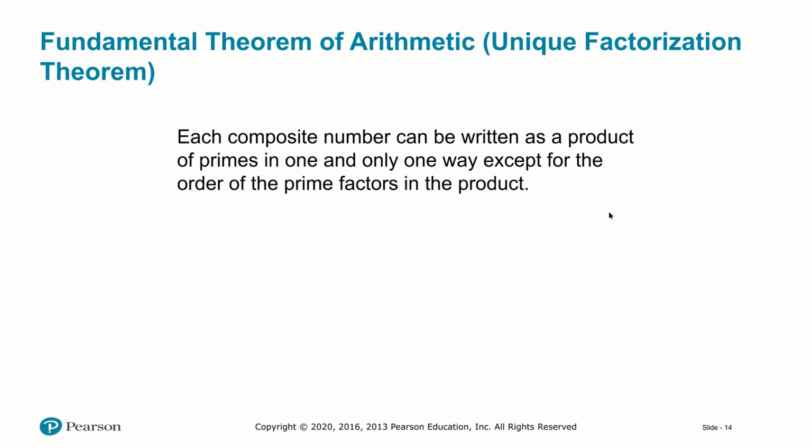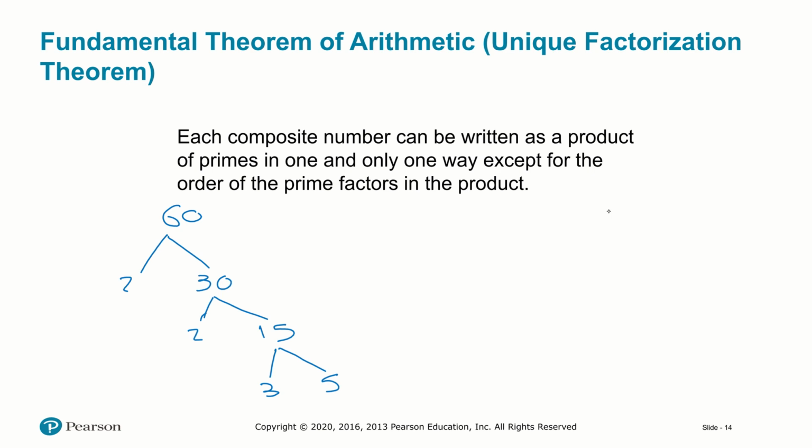So, for example, if you take 60 and find all the factors, right? The first time, I'm going to do that the way that you're familiar with, a tree. So we know 60, for example, can be broken up into 2 times 30, and then 30 can be broken up into 2 times 15, and then 15 can be broken up into 3 times 5.